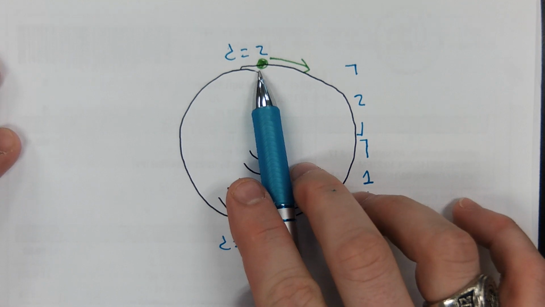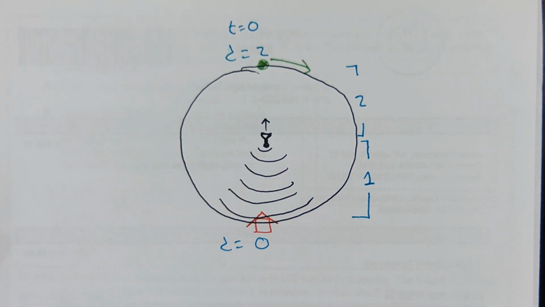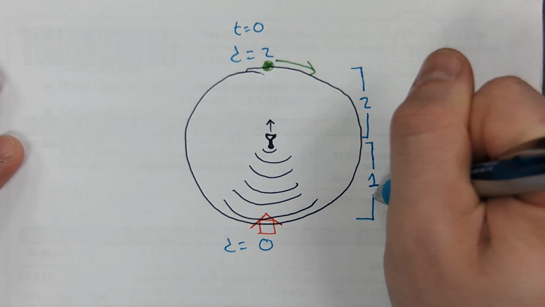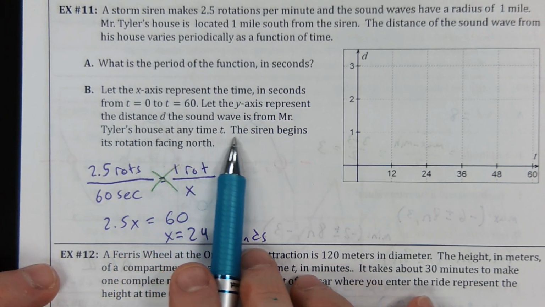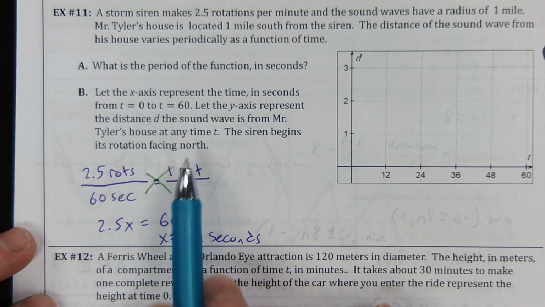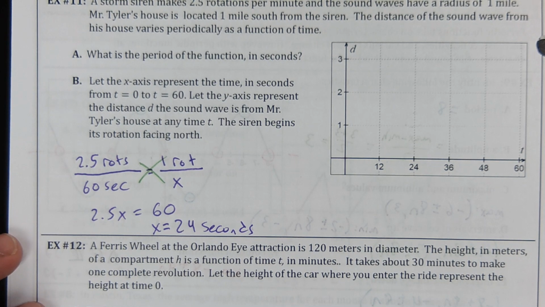And it said it starts here. So this is at time equals 0. It says it begins facing due north from his house. And since he's 1 mile south, it's going to start by being a maximum distance from his house.